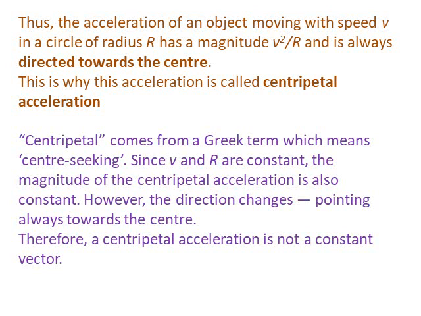As v and r are constant, the magnitude of the centripetal acceleration is also constant, but its direction changes and it is always pointing towards the center of the circle. So, we can say that the centripetal acceleration is not a constant vector.